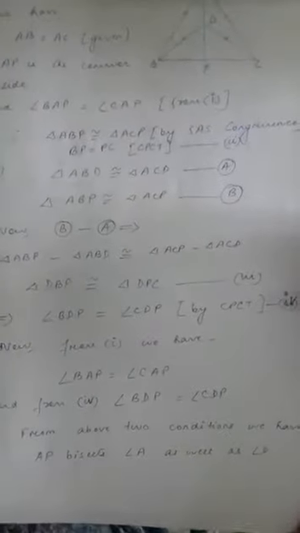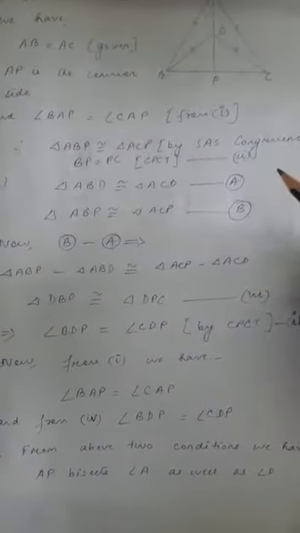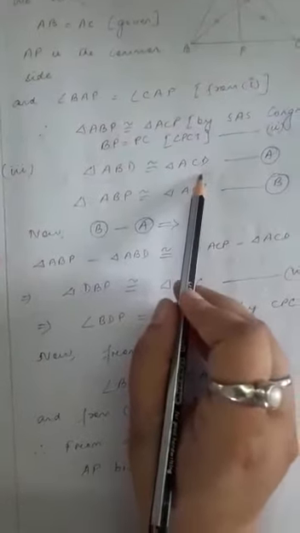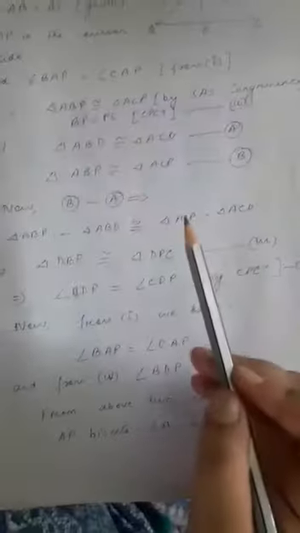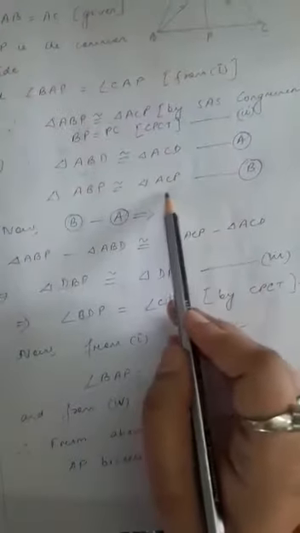Right. Now, to prove number 3, what we will do here: first, from the first proof we got that triangle ABD is congruent to triangle ACD. Keep this one as A. Also, from the second proof we got that triangle ABP is congruent to triangle ACP.